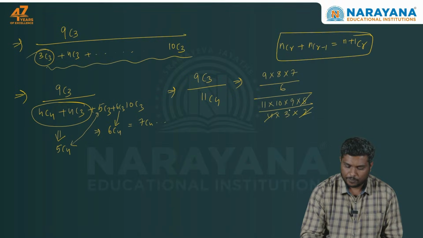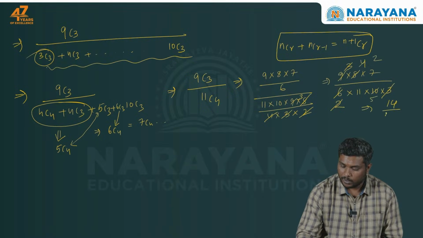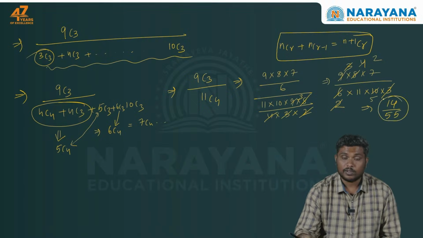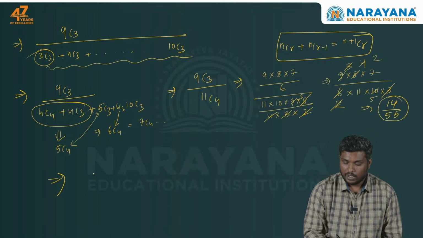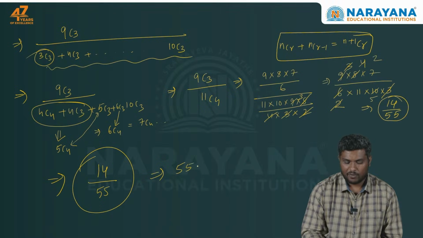So this is 9, 8, 7 by 6 into 11, 10, 3, which simplifies to 14 by 55. As these are both co-primes, what he is asking us to find is, 14 by 55 is the probability, and we need to find 55 plus 14, which is 69.